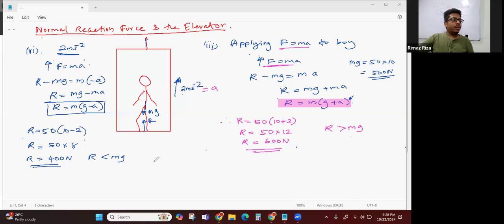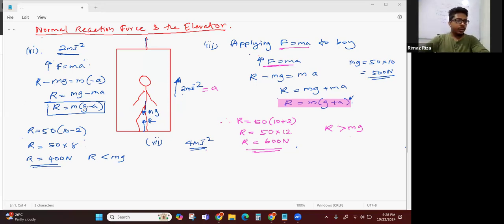Okay, and Roman number 7, V2, the same question, but deceleration is 4 meters per second squared. Can you find the value of R? So the lift is moving vertically upward with a constant deceleration of 4 meters per second squared. 300 Newton, correct.